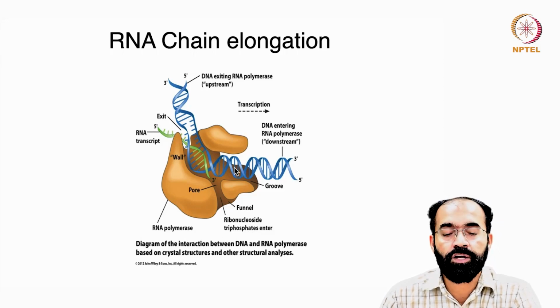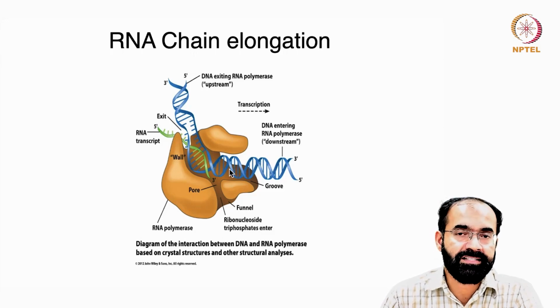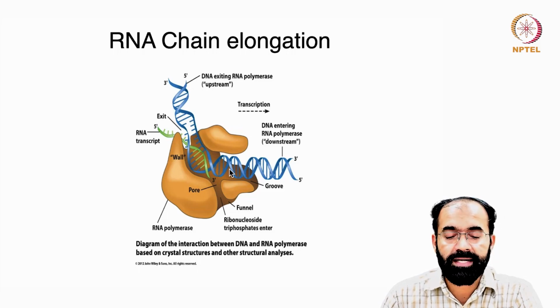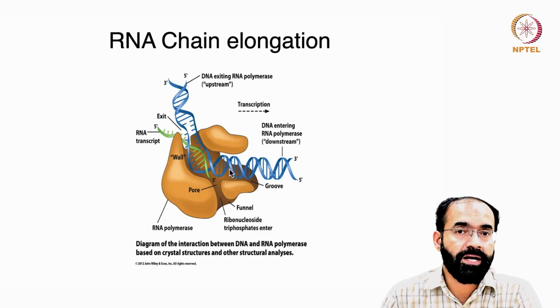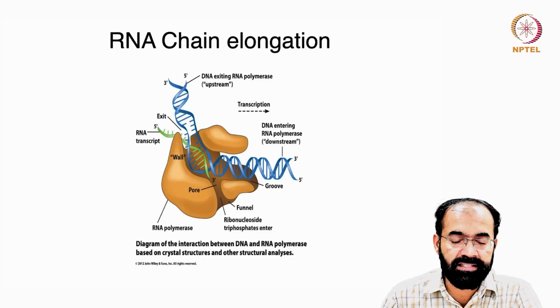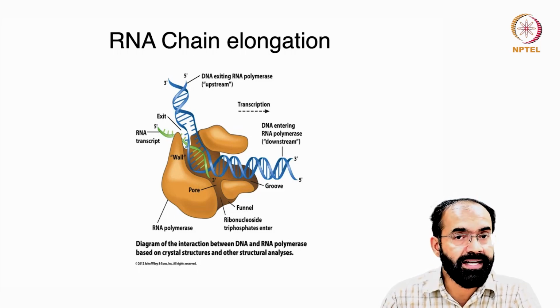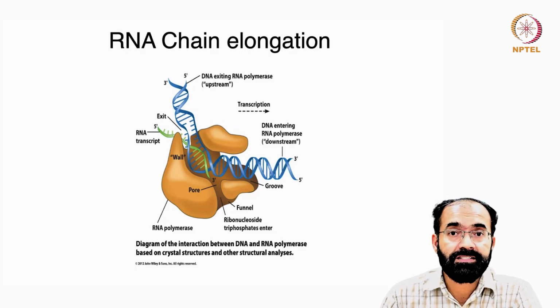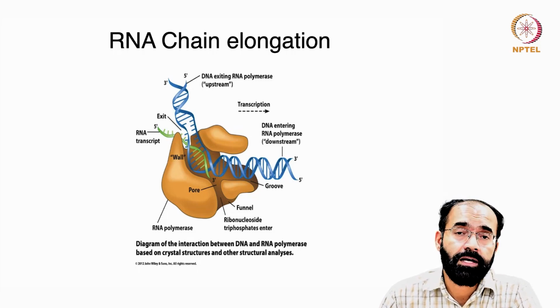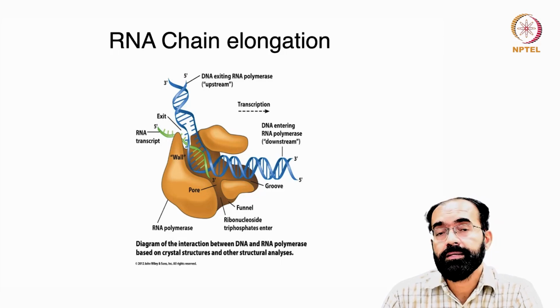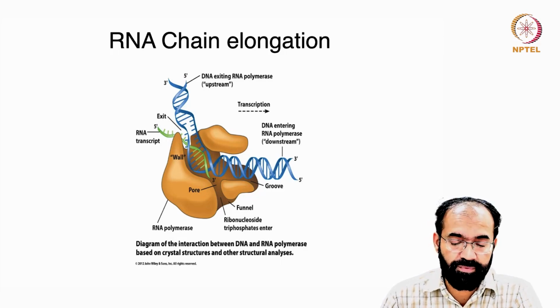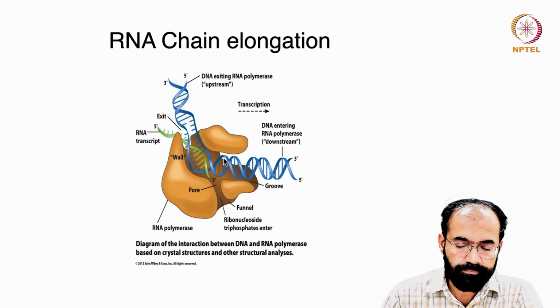And there is also a groove for the entry and exit of the DNA. So it has grooves for the DNA entry and exit, an opening for the RNA exit, and also an entry for the raw material, the ribonucleoside triphosphate, for the polymerization event.